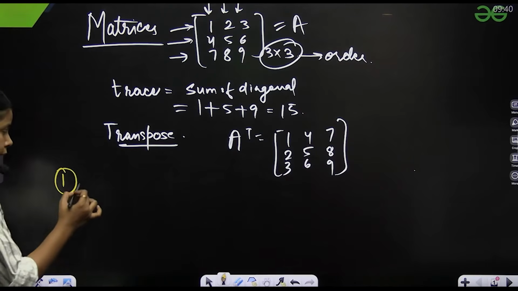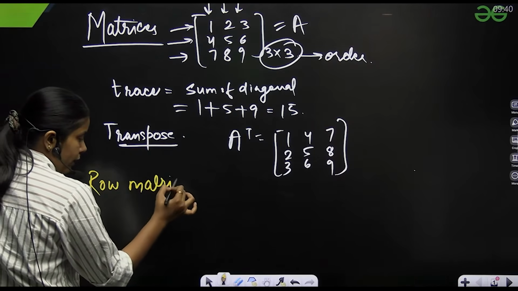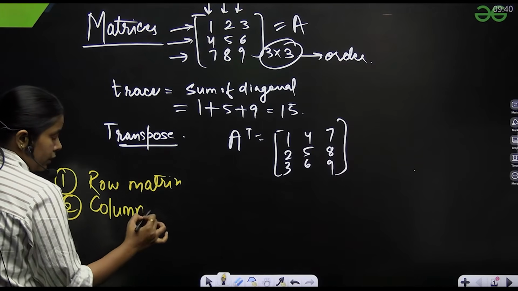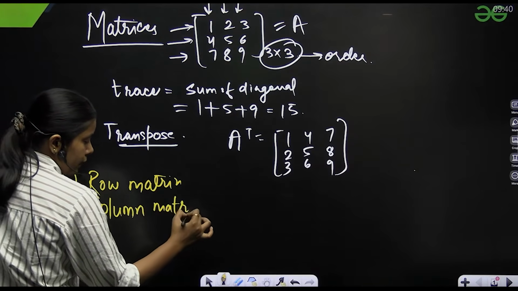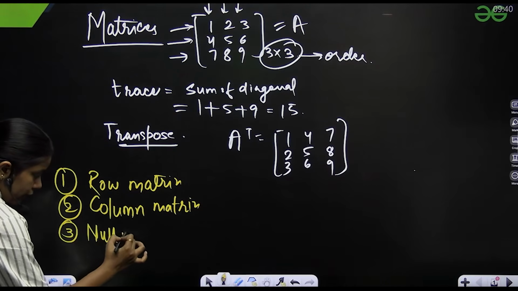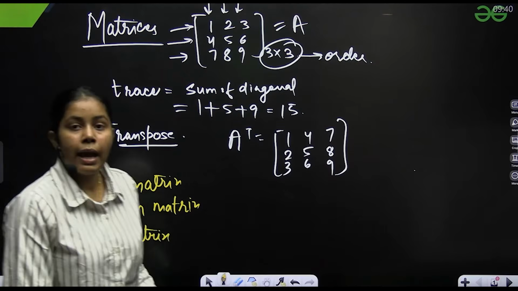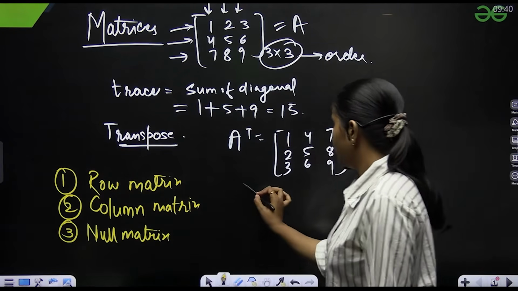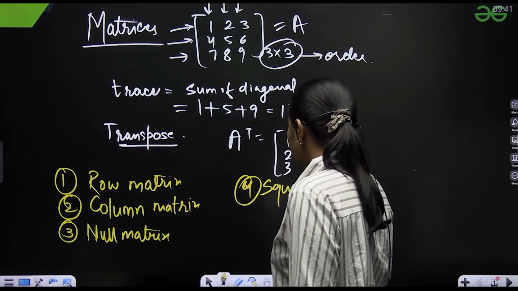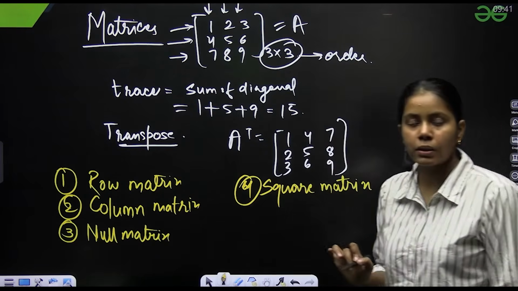We started with the row matrix, right, in which we have one row. Another one we discussed was the column matrix, in which we have one column. Then we discussed the null matrix, a matrix in which all the entries are 0. And then I discussed the square matrix, a matrix in which the number of rows and number of columns are equal.